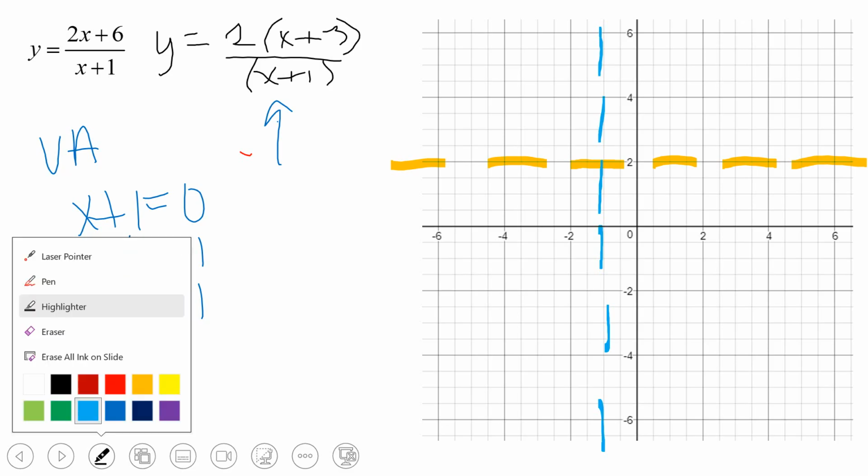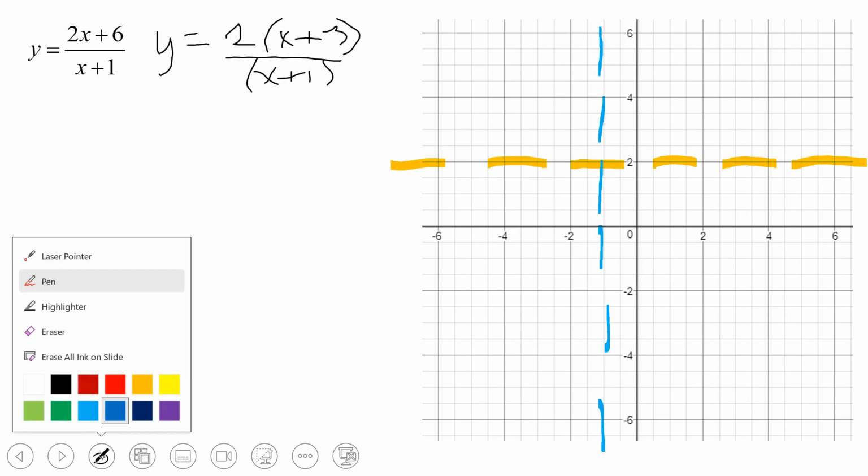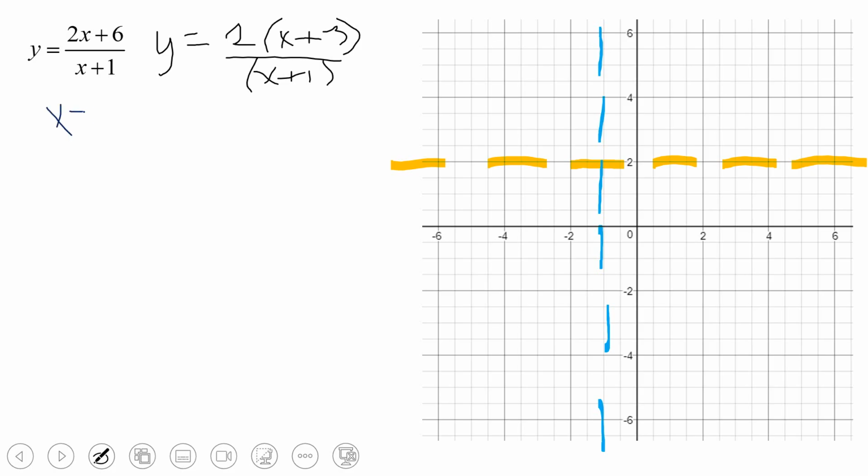Let's move forward with identifying the x and the y intercepts. I'm going to start with the x-intercept. Now remember, I shared with you a helpful hint. Here's the shortcut: we always take 0 and set it equal to the numerator. Whether you use 2x plus 6 or you write down 2 times the quantity x plus 3 is totally up to you.